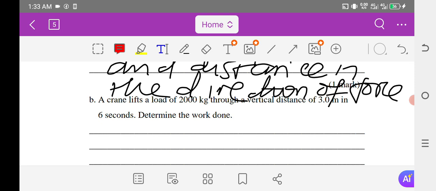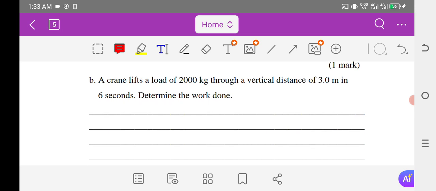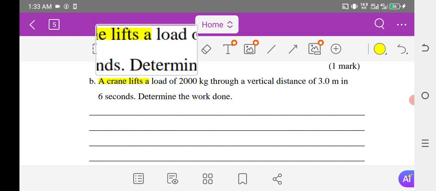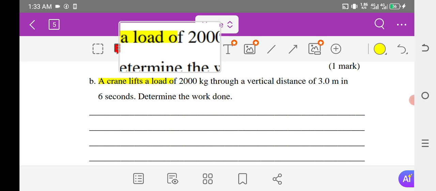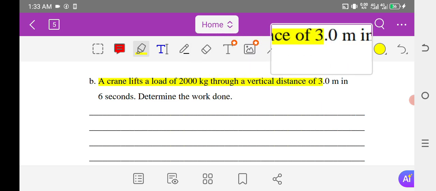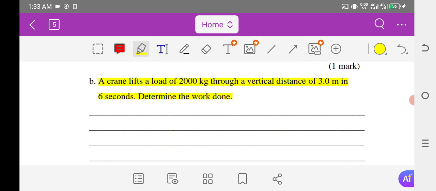Question 1, part B. We are told in the first place that a crane lifts a load of 2,000 kgs through a vertical distance of 3 meters in 6 seconds. Determine the work done. So here we have a crane.